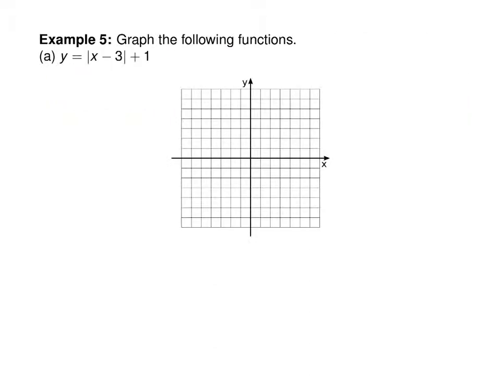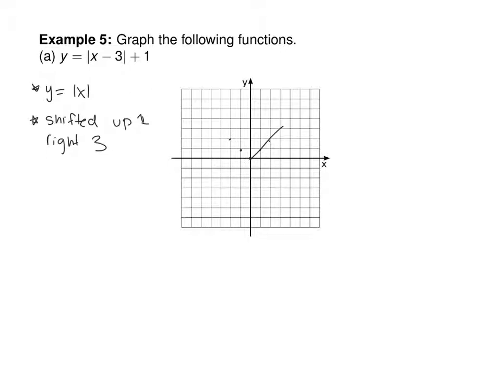So like this one, what is the parent function? Almost. Absolute value of x. And how is it shifted in 2 ways? It's shifted up 1, and then it would go over 3 to the right. Right 3. So I'm going to draw the parent in.